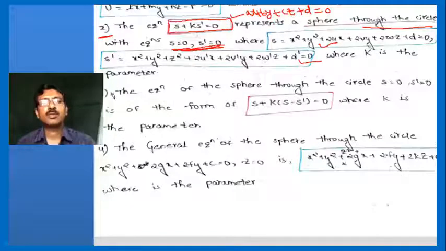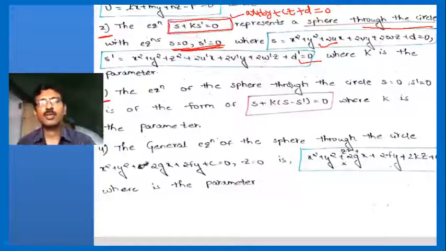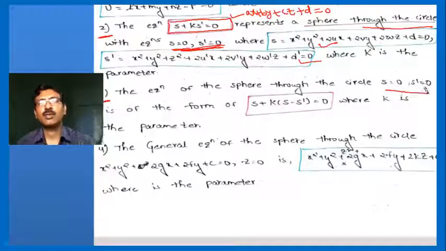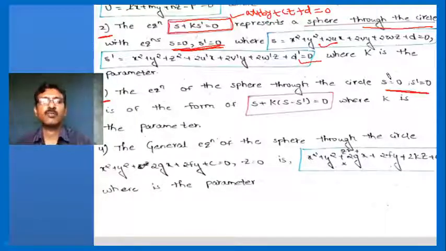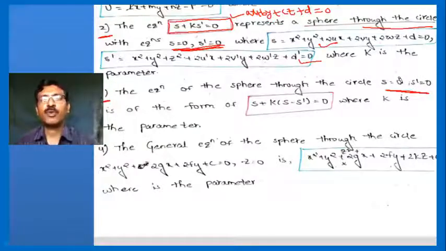And the third one: the equation of the sphere through the circle, where the circle is generated by two spheres. Generally we denote a circle by a plane equation and a sphere equation, and also by two sphere equations. Here two sphere equations are given, which denote the equation of a circle.